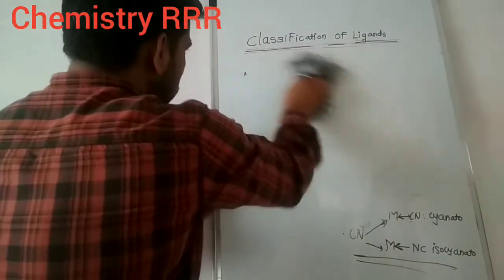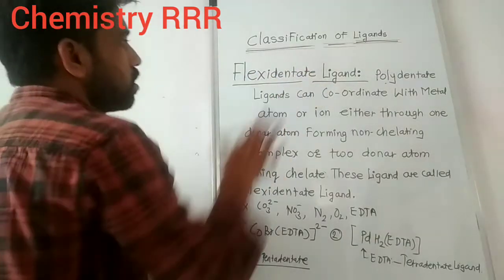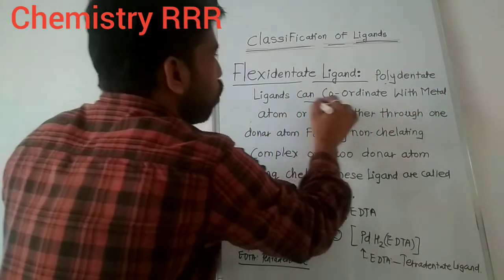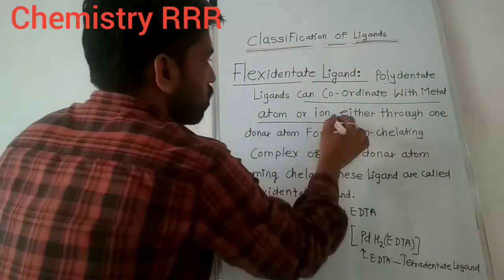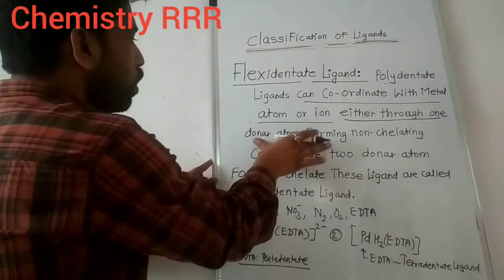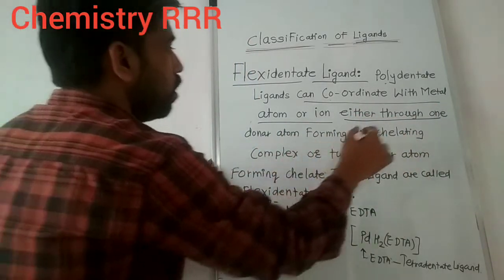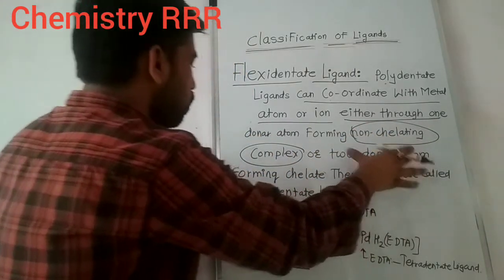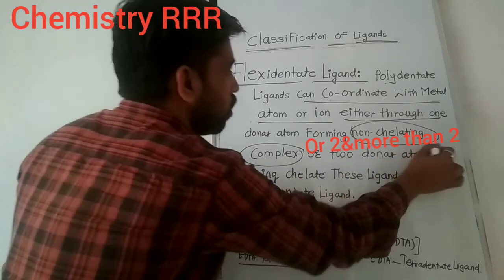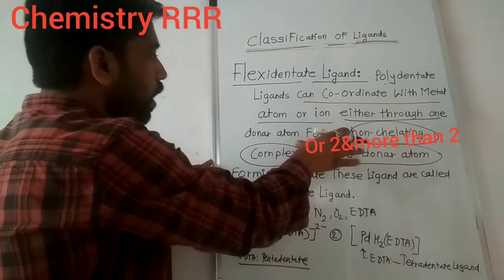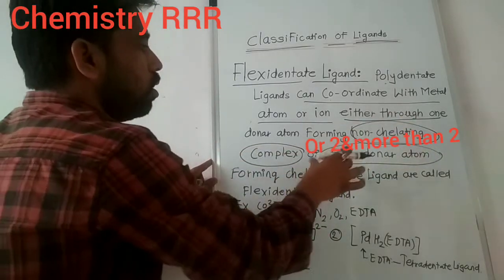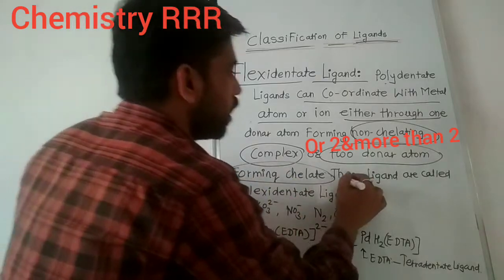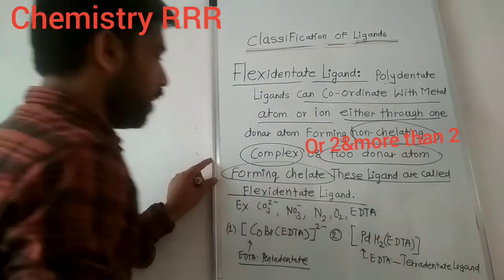A polydentate ligand can coordinate with metal atoms or ions either through one donor atom forming a non-chelating complex, or through two donor atoms forming a chelate. This ligand is called a flexidentate ligand.